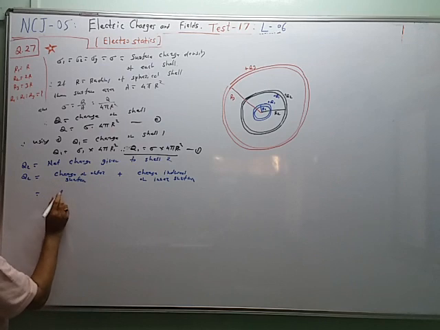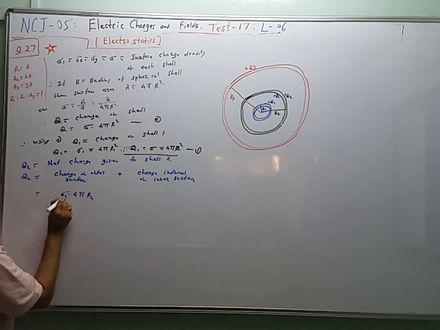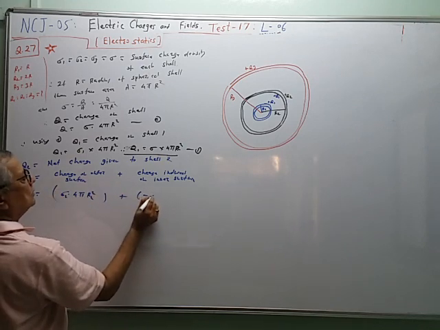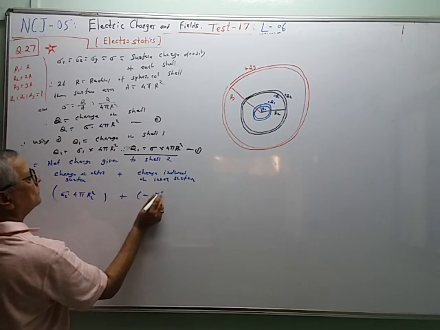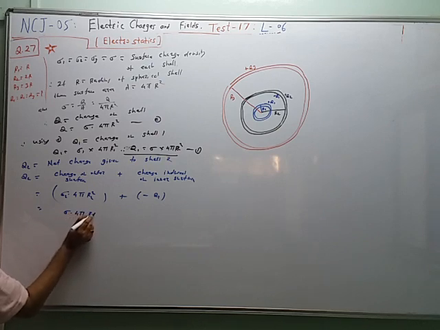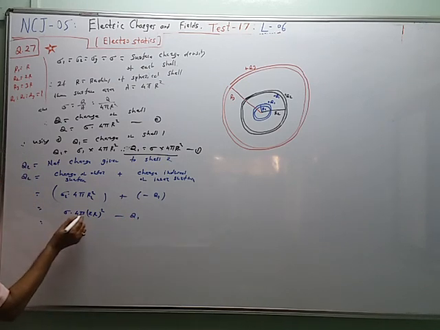This is equal to sigma 2 multiplied by 4 pi R2 square minus Q1. So this is equal to sigma multiplied by 4 pi into 2R square minus Q1. 2 into 2 is 4, 4 into 4 is 16.